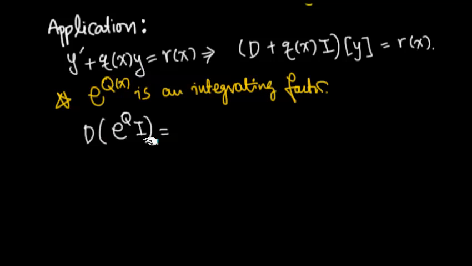If you still wanted to think of this as functions, it is e^Q, the function in x, and I is some input function, the unknown function y. And this is differentiating these two functions. Of course, the product rule says this has to be differentiated, so that looks like this: little q times e^Q.